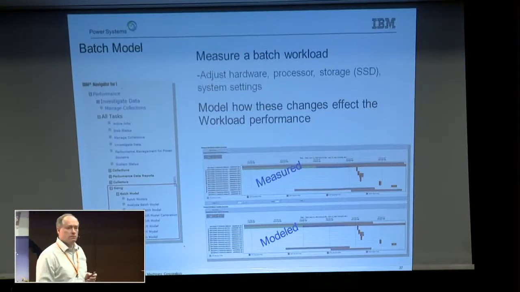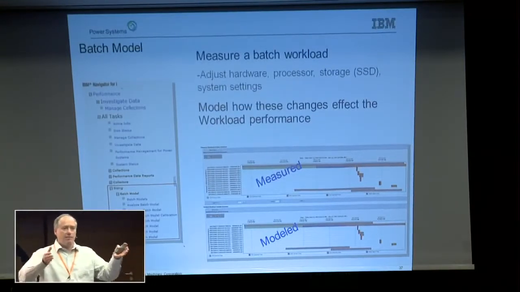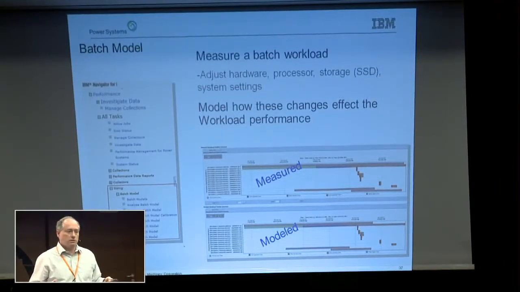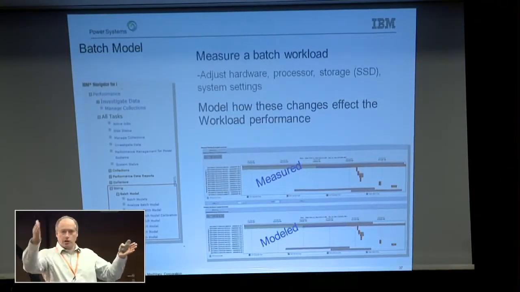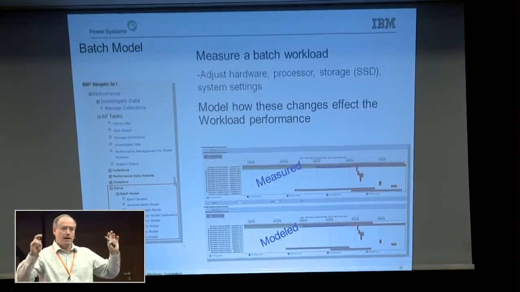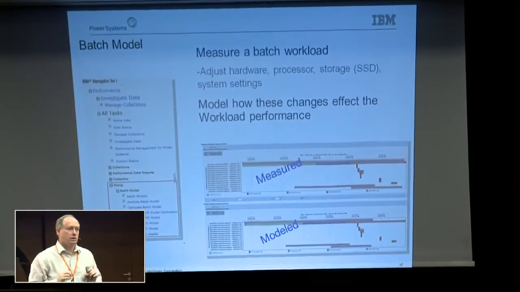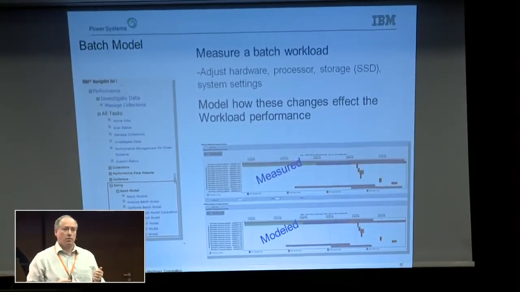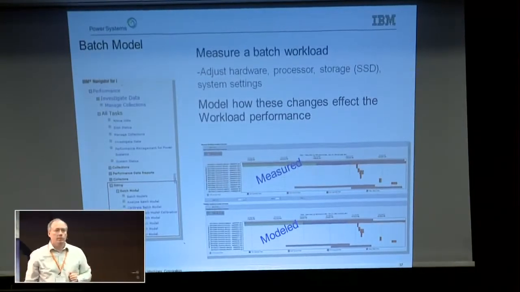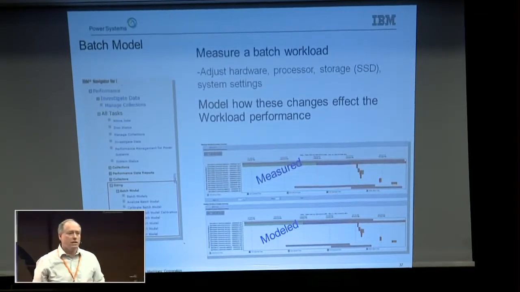Batch model. If you've got a batch job that runs on your system and you want to improve performance, how do you do it today? Mostly guesswork. With batch model, I can take a collection over my batch window. I can then go and model changes. If I add memory, what does it do? It gives me a side-by-side comparison. If I change from spinning drives to SSDs, what does it do?